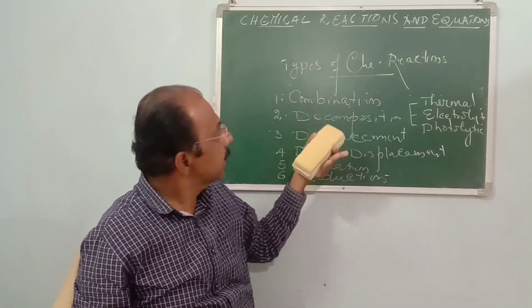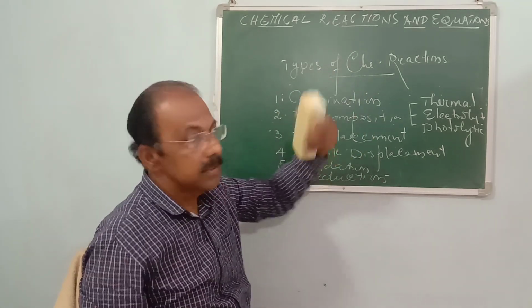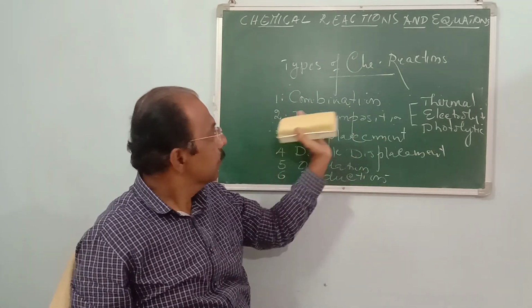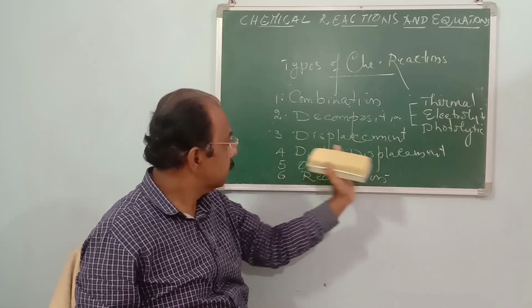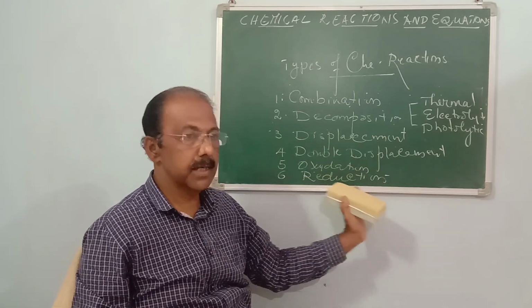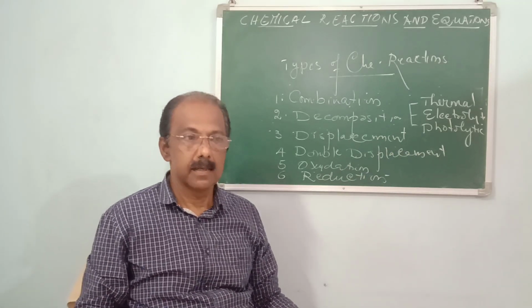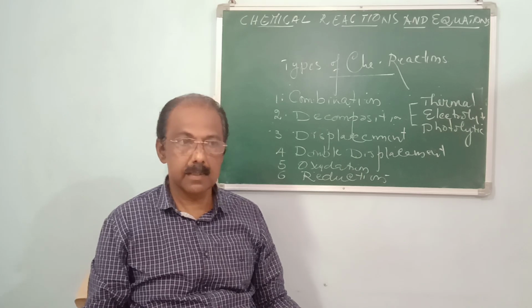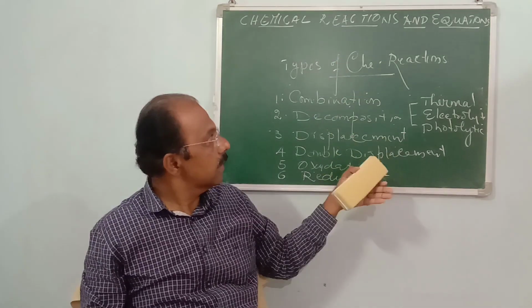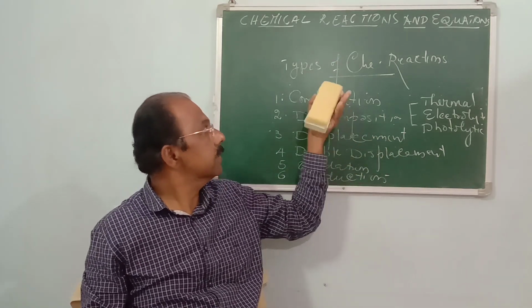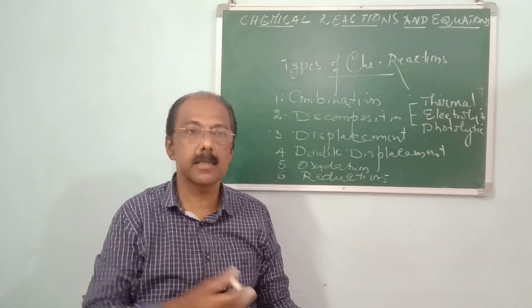So these are the next topic we are going to see in the next class: combination, decomposition, displacement, double displacement, oxidation and reduction reactions. So with this we conclude today's class and we will see the details and examples of these types of chemical reactions in the next class.